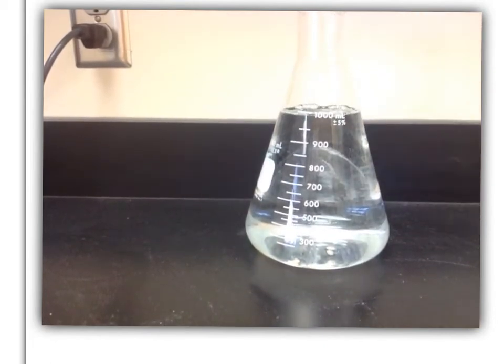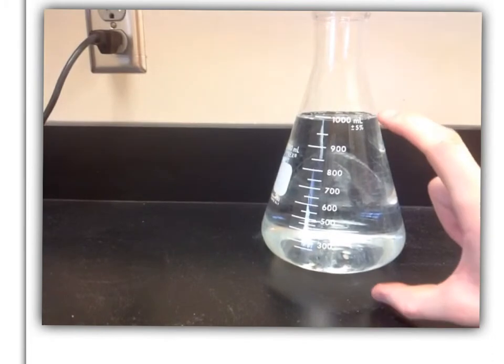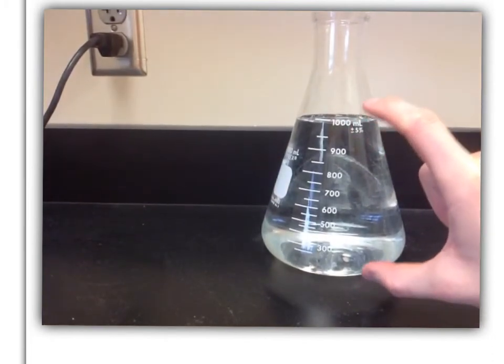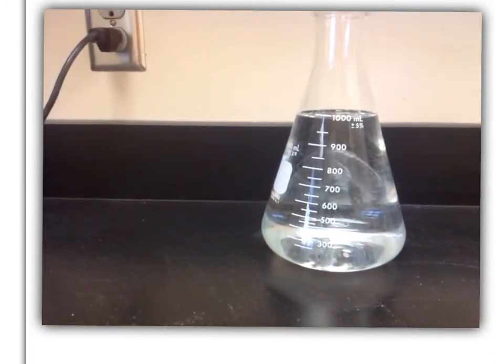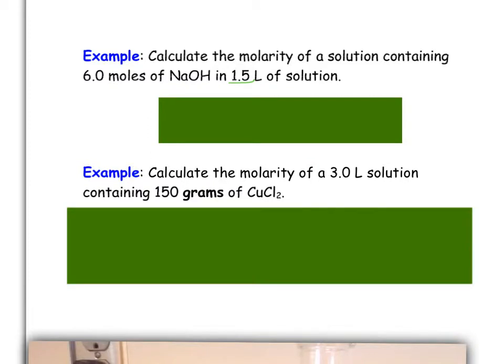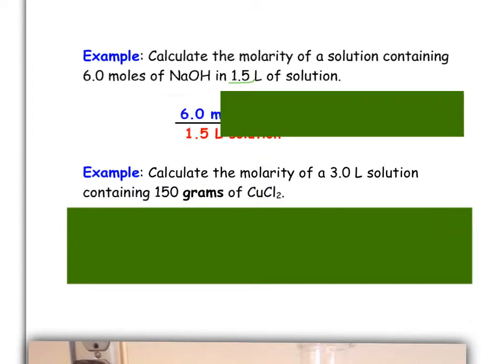So now at that 1 liter mark, how many moles of NaOH are in this solution? In that video, the moles are all spread out throughout the solution. So if I dump out some of it, it's still going to be spread out. You're going to get the same amount of sodium hydroxide per volume. However, we're just going to have less of it.